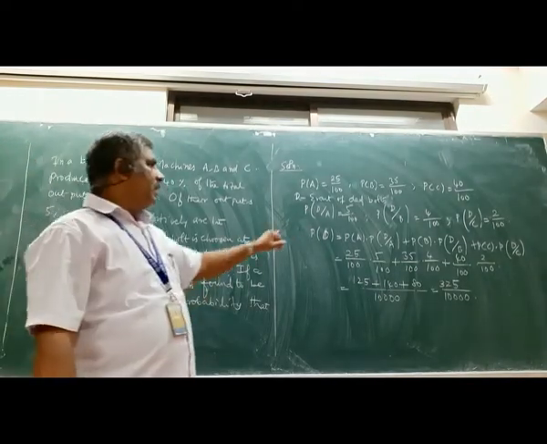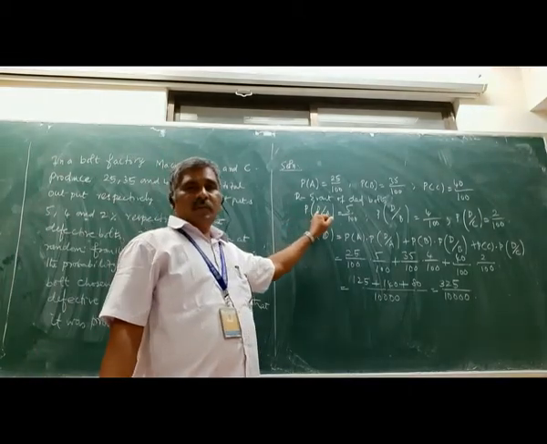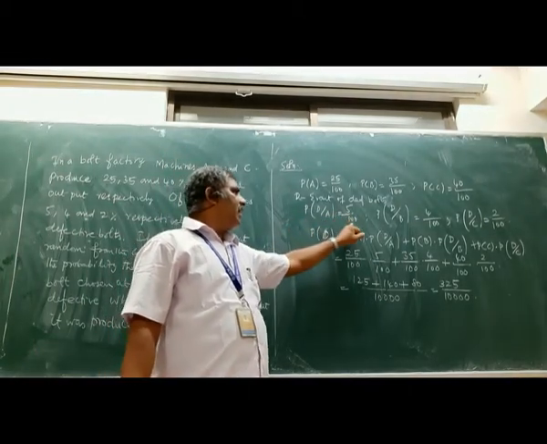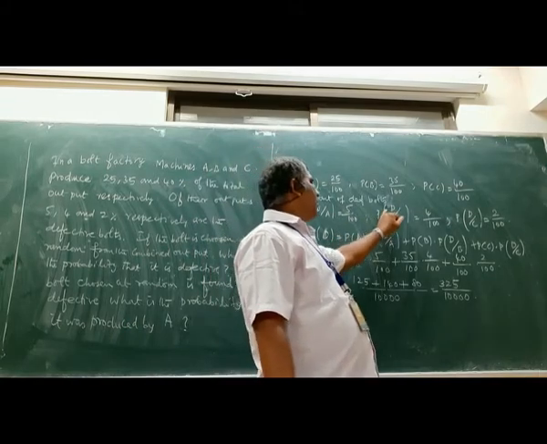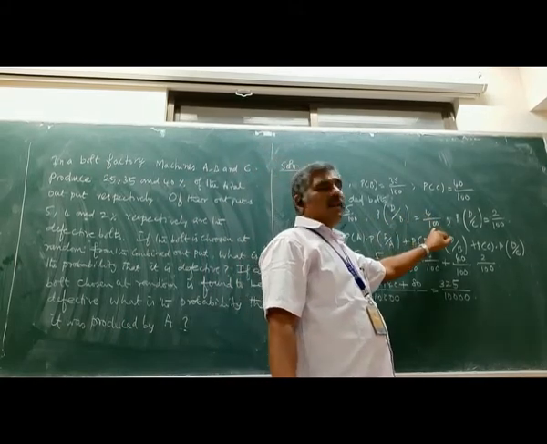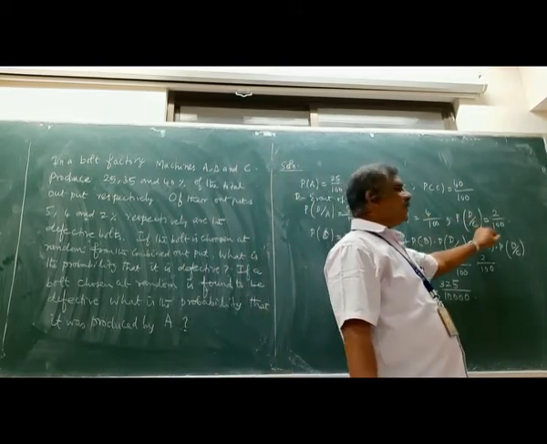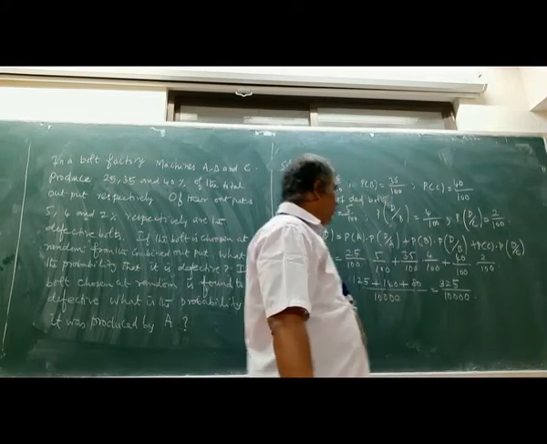Therefore, the probability of a defective bolt produced by A is 5 by 100. Similarly, probability of D by B is 4 by 100, and probability of D by C is 2 by 100.